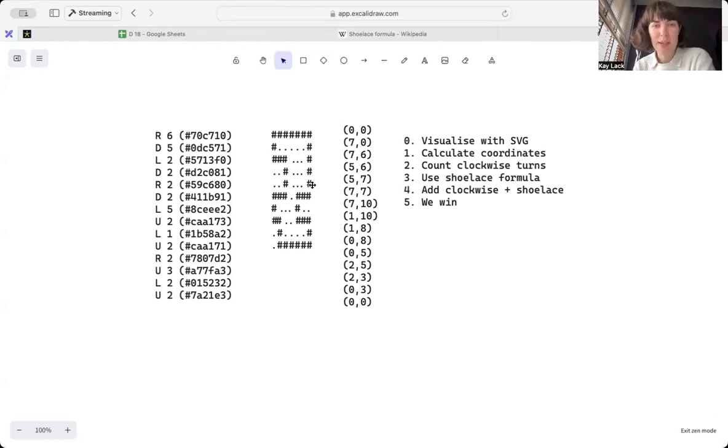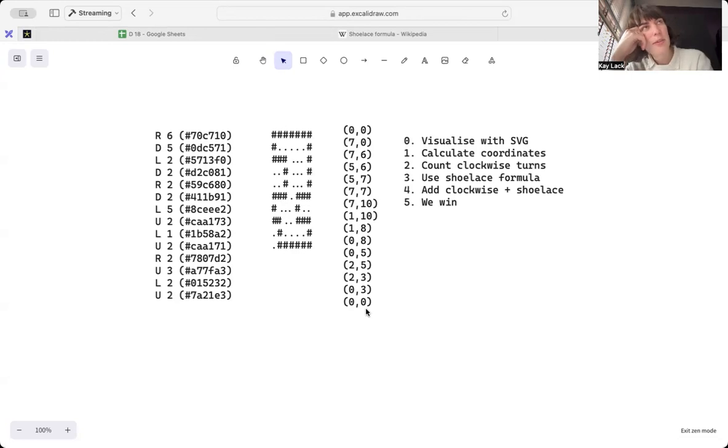Right to down, down to left, left to up, and then up to right, for example, although we don't have that actually in this one. We need to count those turns, and then we add up the result of the shoelace formula based on the simple coordinates.